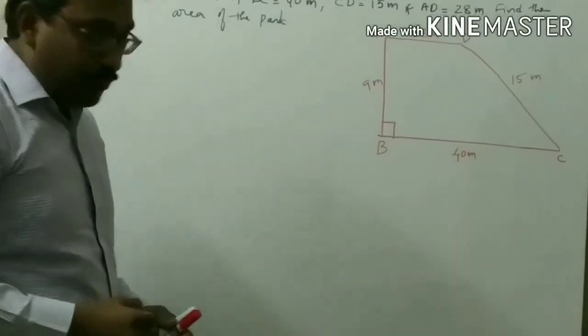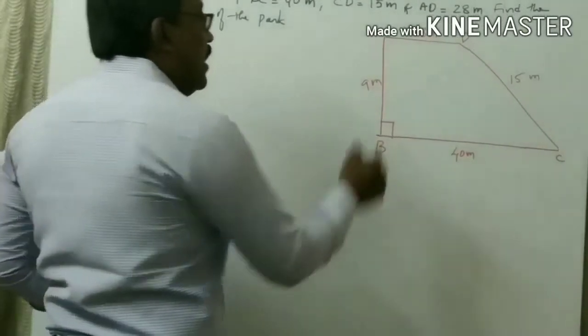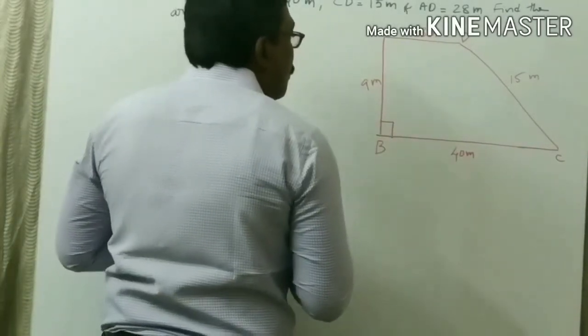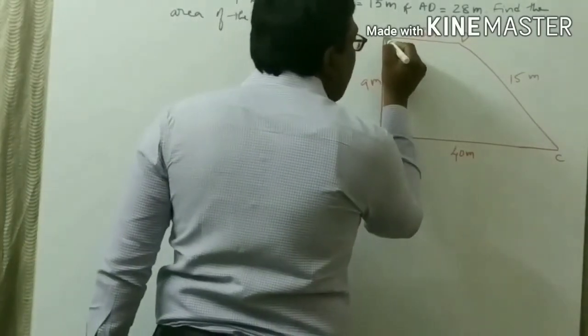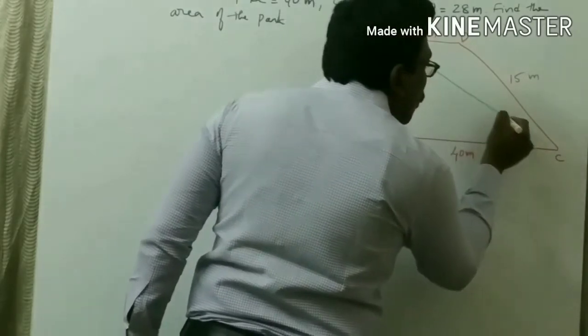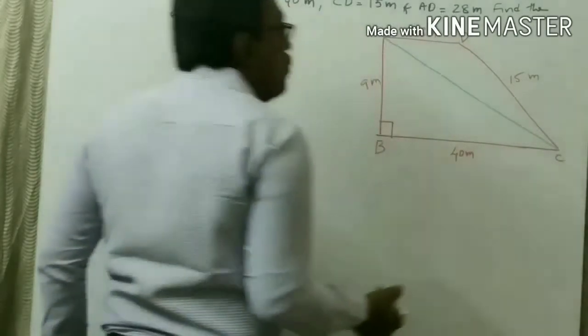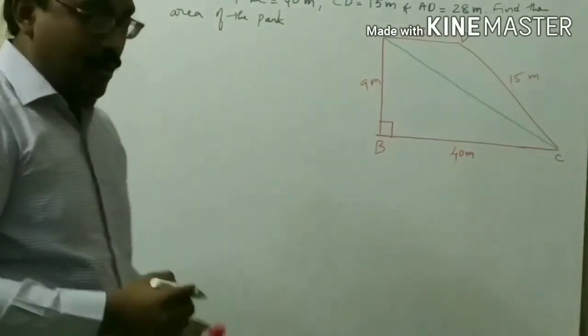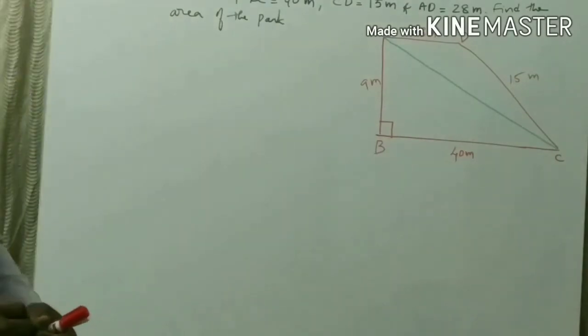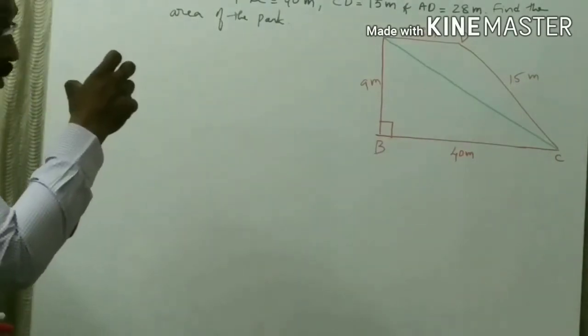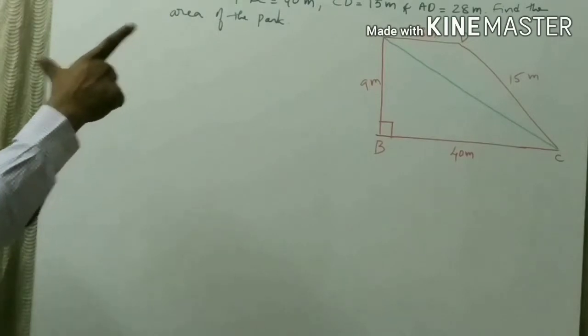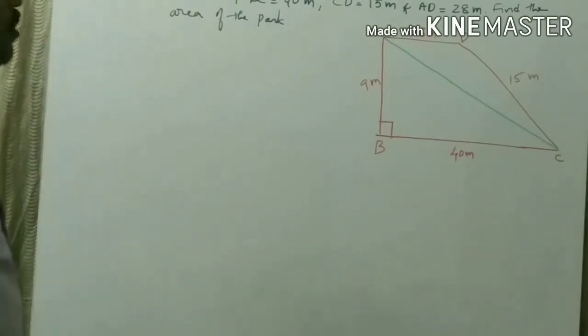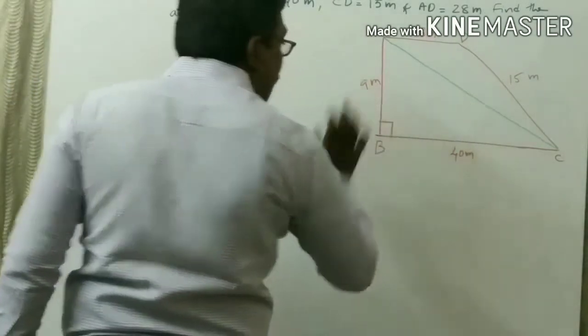How to do this sum? If it is 90 degrees, you divide this quadrilateral into two triangles by drawing a diagonal. Now the quadrilateral divides into two triangles.